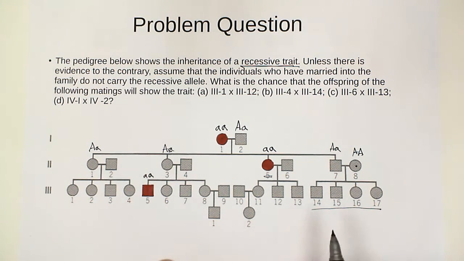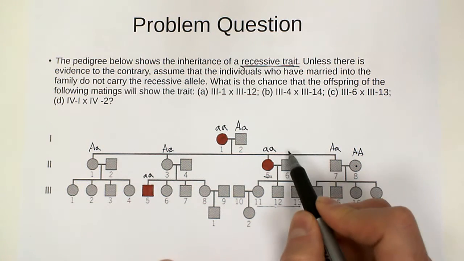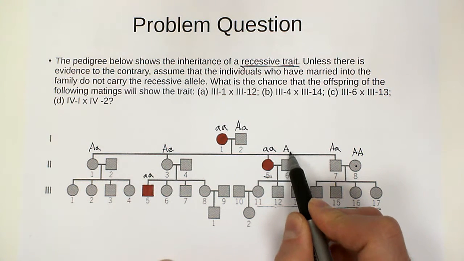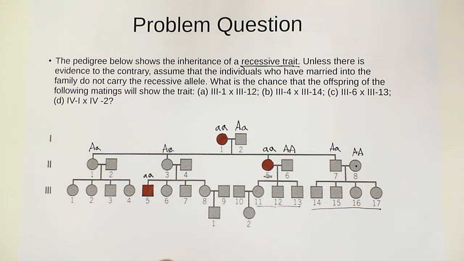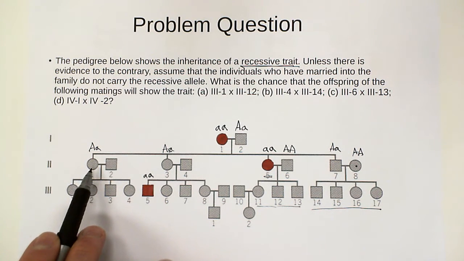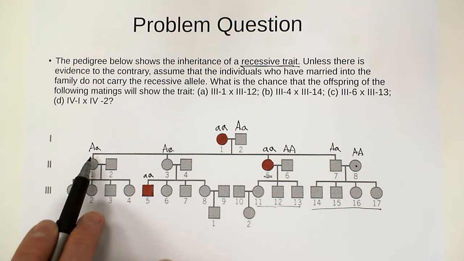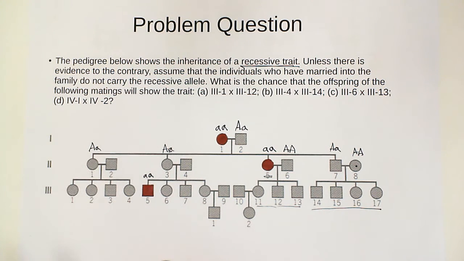Same with this individual here. We don't see any evidence of these individuals having the phenotype, so we're going to assume that individual 2-6 is also capital A, capital A. In this case, this marriage, individual 2-1 and 2-2: 2-1 has a heterozygous genotype that we know.